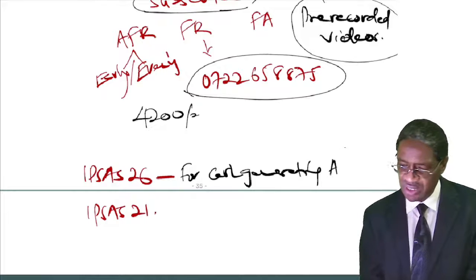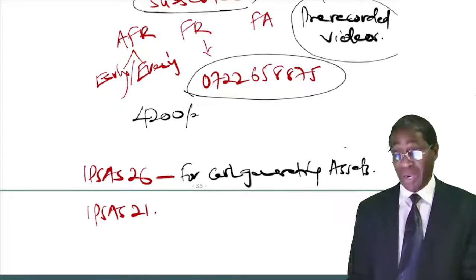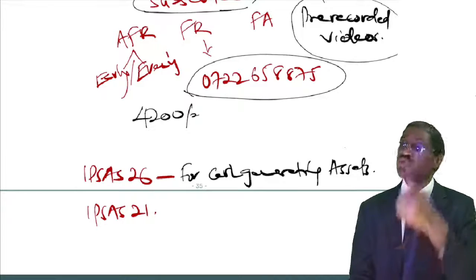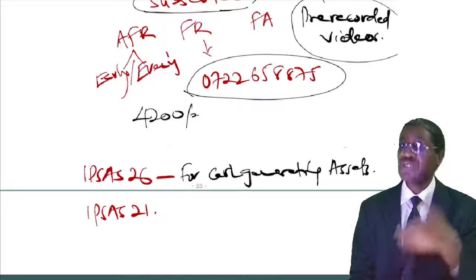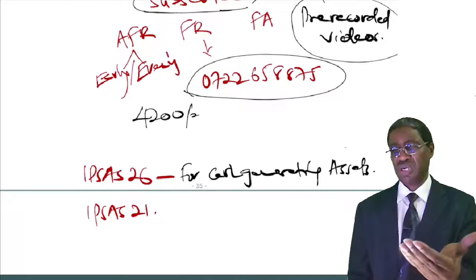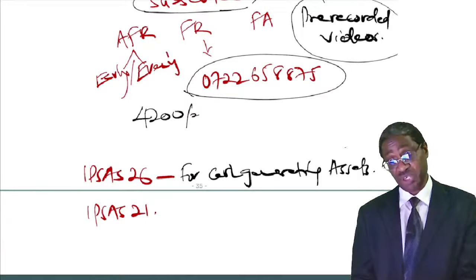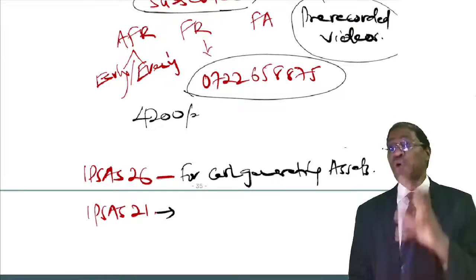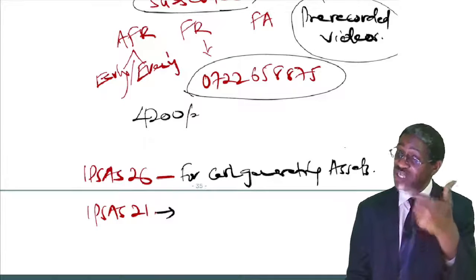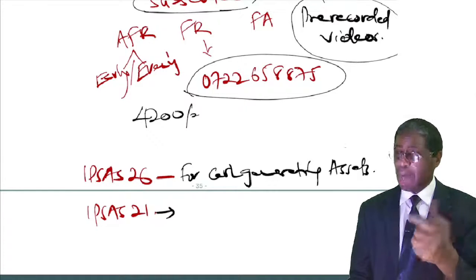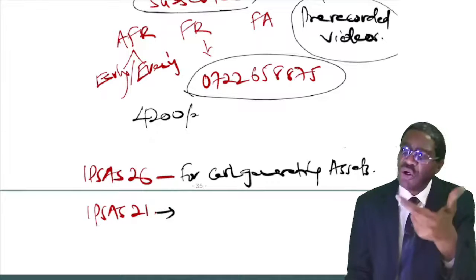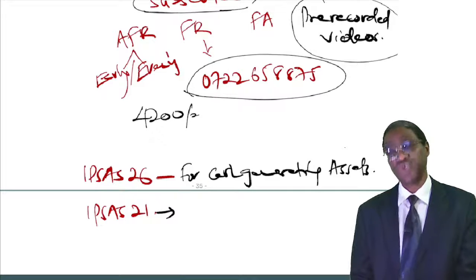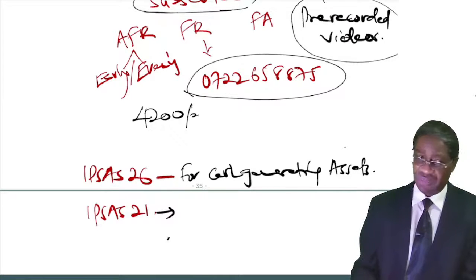Otherwise, if you have an asset which you want to test whether it has suffered an impairment loss or not, but that asset cannot generate cash flows, then use the principles of Ipsas number 21.